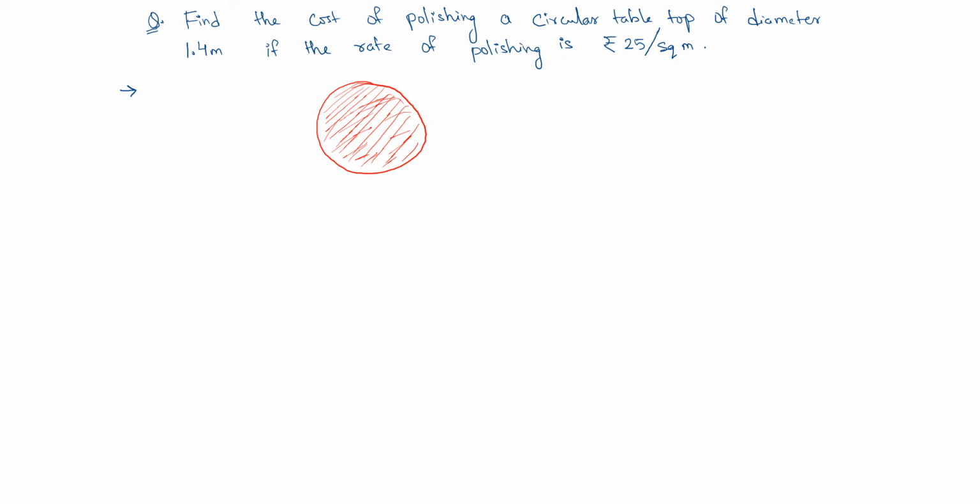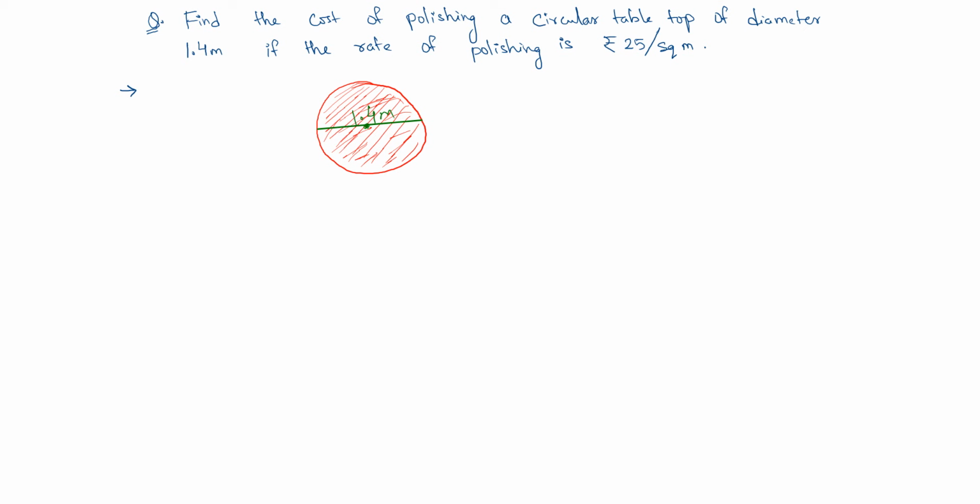So the diameter is given. Suppose this is the center, then we can draw the diameter. So the diameter of the circle is given, it's 1.4 meter, and the rate of polishing is this much. So in order to calculate the total cost, we need the area out here.